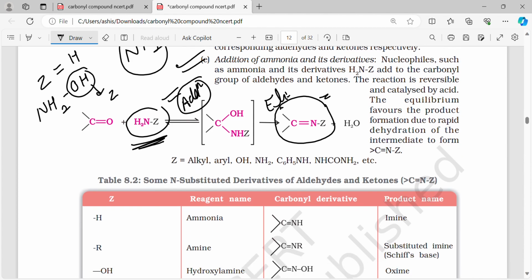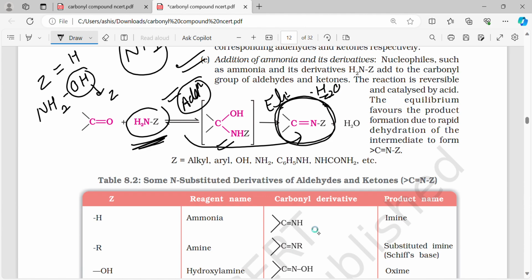Similarly, that is an example of nucleophilic addition elimination reaction. Here the first step is addition. In the second step there is elimination. So these are called nucleophilic addition elimination reactions.